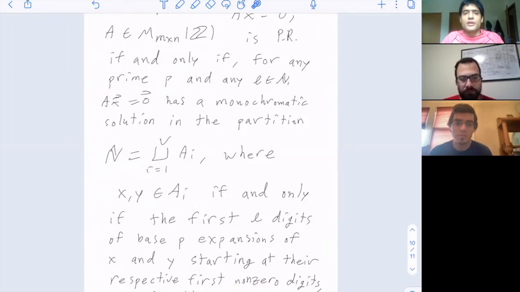If you apply the proof that I discussed with you guys last week, but starting with the first L digits in the base P expansion instead of the last L digits, then you will enter the p-adics and recover this minimal Rado condition.